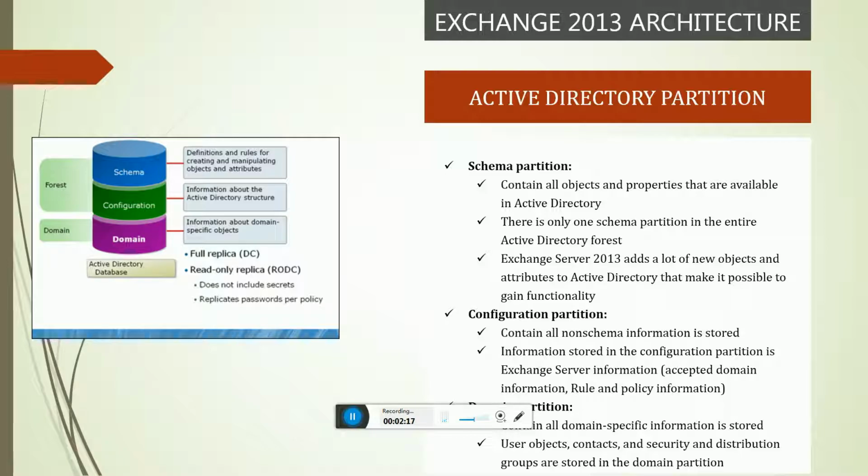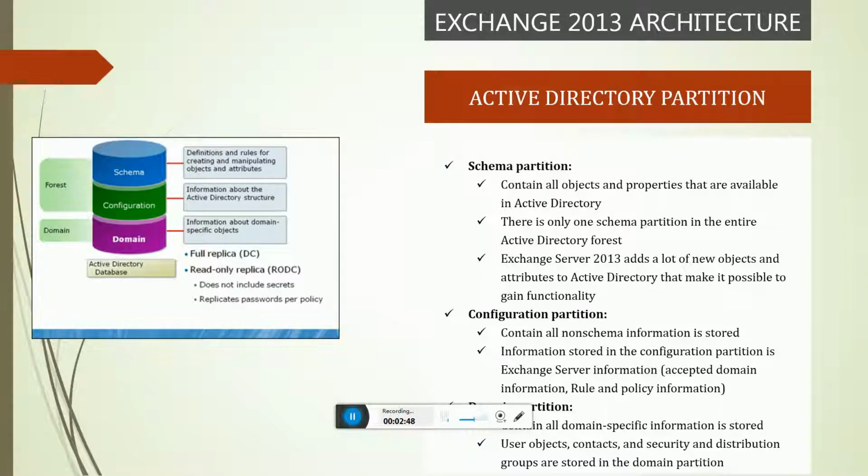Exchange Server 2013 adds a lot of new objects and attributes to Active Directory that make new functionality possible. The configuration partition contains Exchange server information, accepted domain information, and rules or policy information. The domain partition stores objects such as contacts, security groups, and distribution groups.